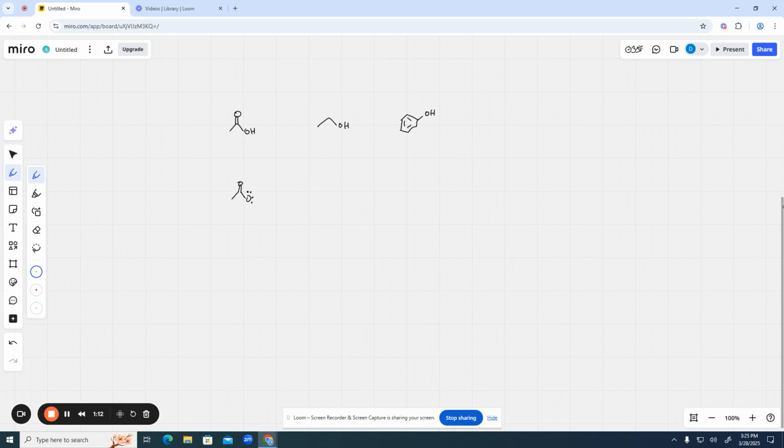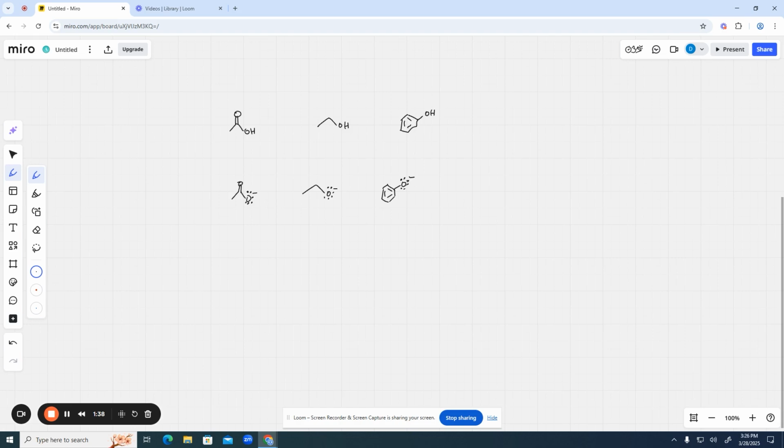And remember, you got to keep track of your electrons and your charges. Okay, so these are our three conjugate bases. So we're going to be using our conjugate bases to determine the acidity of the original compound.